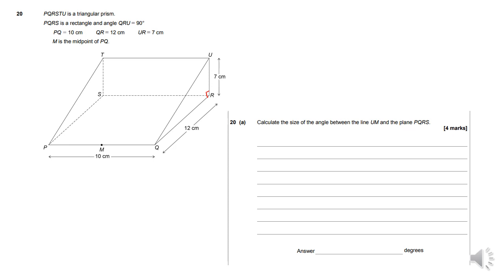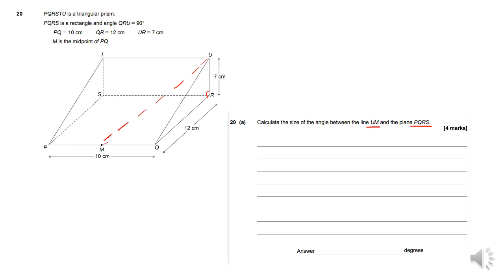M is the midpoint. It wants to calculate the angle between UM and the plane PQRS. So just to give you some idea, and again, I hope that my straight lines work here, we're interested in a right angle triangle that has UM as the hypotenuse. It wants the angle between UM and the plane PQRS. So that can be any part of that bottom face.